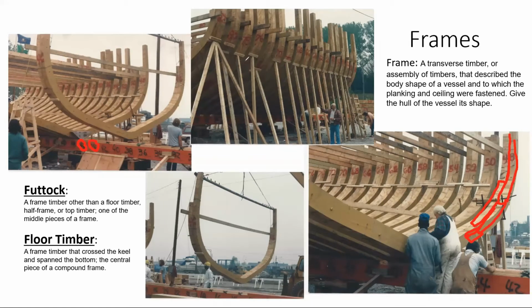You can also see the supports they're putting in place as all the frames are being put in, to help support those frames until the rest of the structure is in place, as soon as they can get the keelson on, and obviously deck beams and waterway and all the other parts that make the structure. And like I mentioned, the floor timber is the part of the frame that lays onto the keel. It creates the floor of the inner hull.